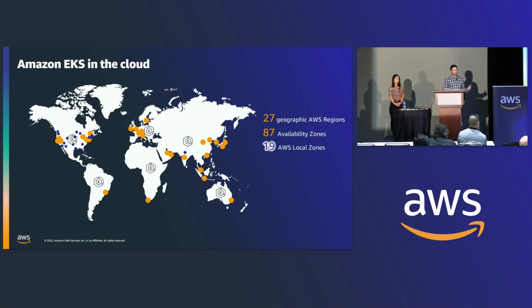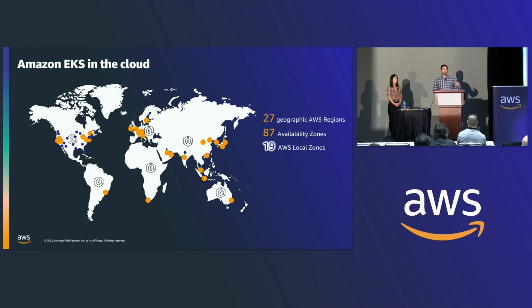And with local zones, you can use many of the same services that you use in AWS in regions, but there are some limitations. And so some of the core services that are available are EBS, EC2, VPC, ALB, but you won't find some of the other services like, for example, the network load balancer.